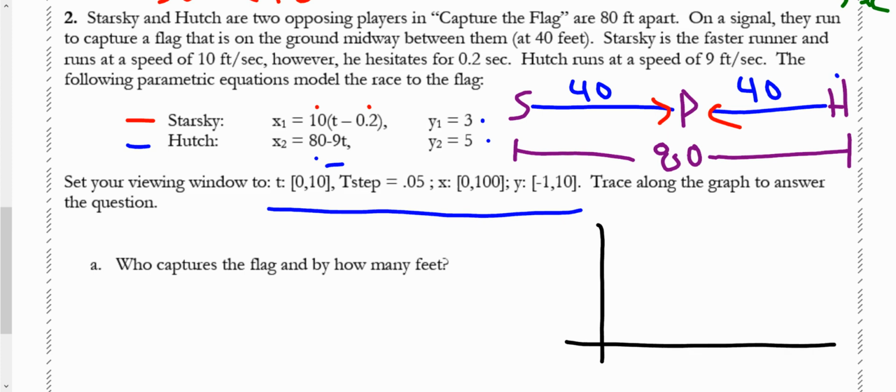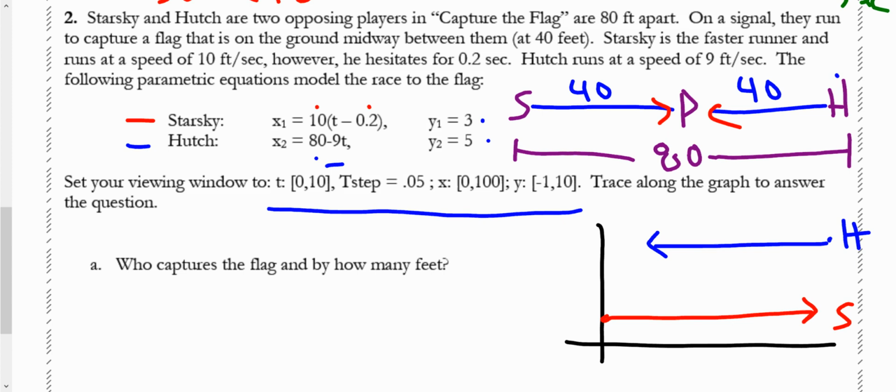Okay, so we've got here Starsky, which I'll kind of go this direction. Okay, so he's running to the right, we'll say. And we've got Hutch, who's running here to the left like so. And let me go ahead and label those. So here's Hutch, and here's Starsky.